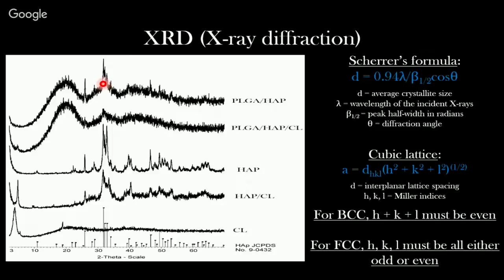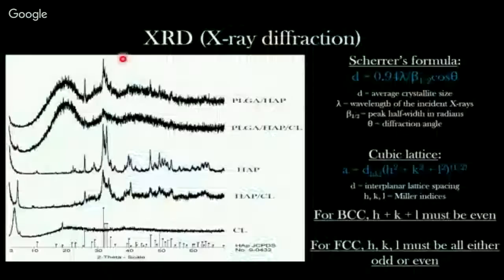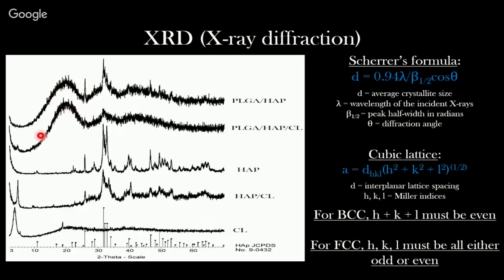So what it tells you is that the bigger the half width, so the broader the peak, the smaller the crystallite size. When you have a very narrow peak, like a single line, you have a very high crystallinity. And when that diffraction peak is very fluffy and plump like this one, you have a component that has a very, very low crystallite size.